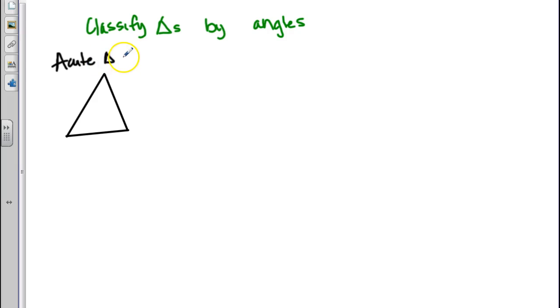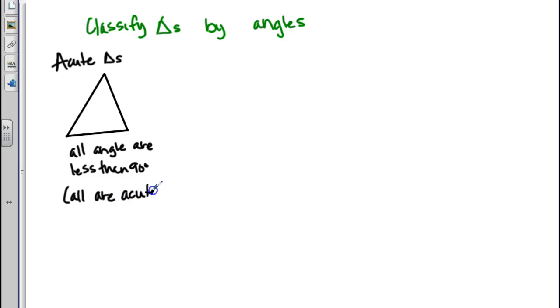All angles measure less than 90. So all are acute angles.